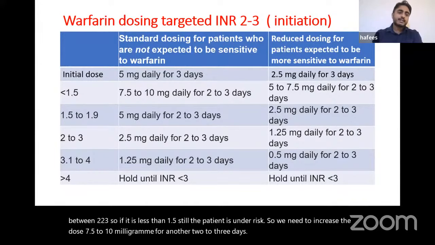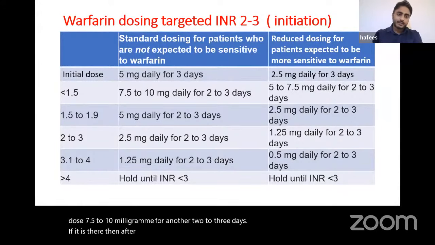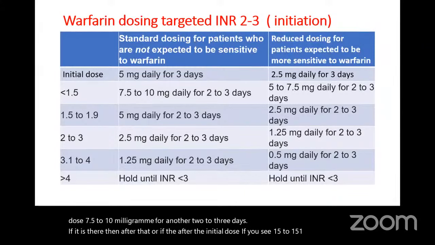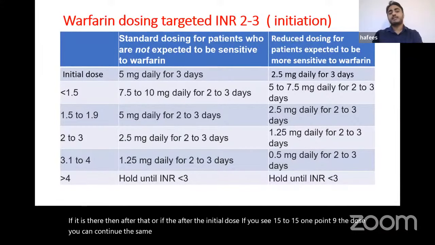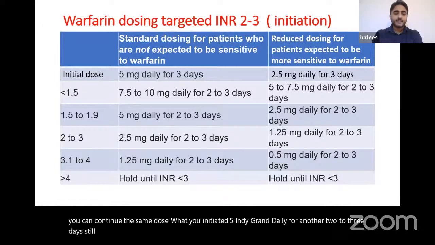If after the initial dose you see 1.5 to 1.9, you can continue the same dose you initiated, 5 milligram daily for another 2 to 3 days, and check the INR after 2 to 3 days.